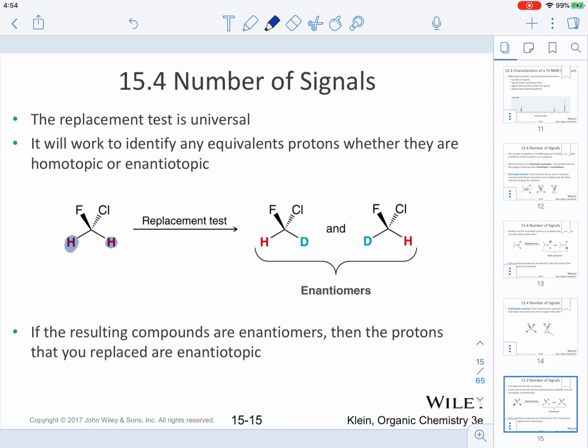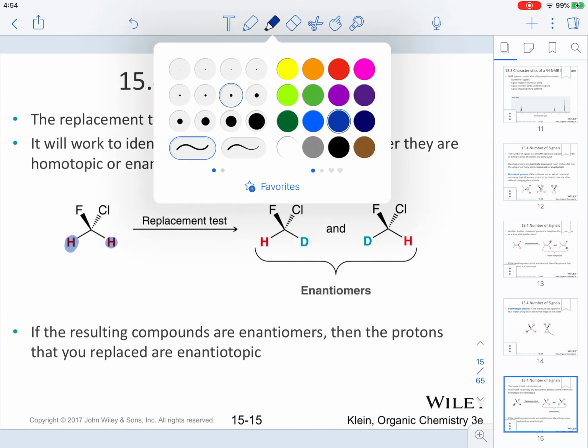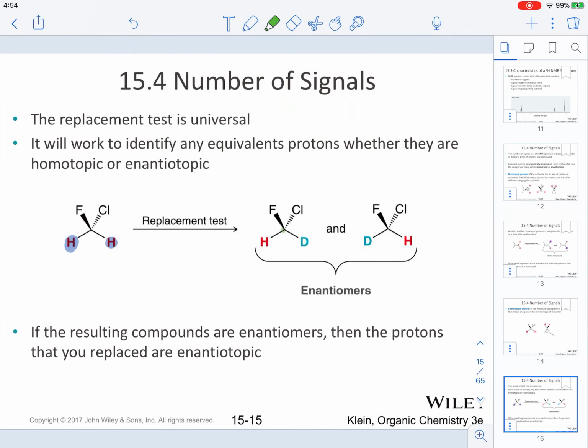Now, when those 2 molecules are produced, then you're going to determine what their relationship is. As you can see, from the replacement test, if I focus on the carbon in the middle, these 2 molecules are enantiomers of each other because of the replacement of that hydrogen, and again, the replacement is just for study purposes.